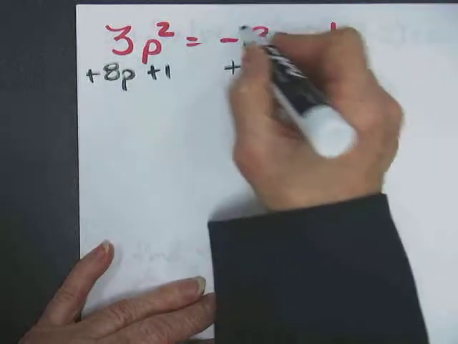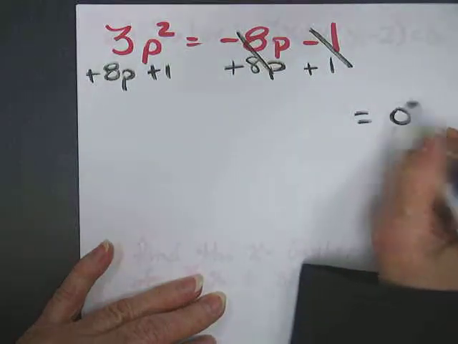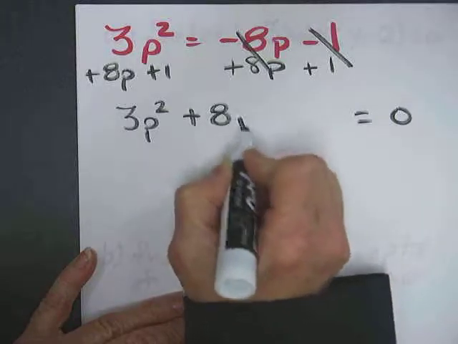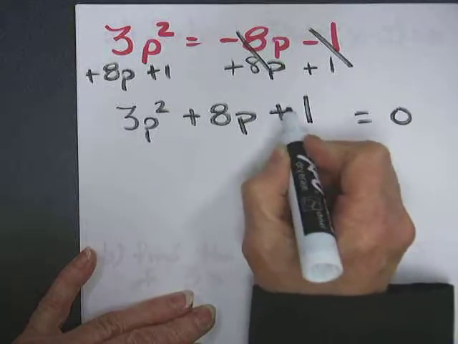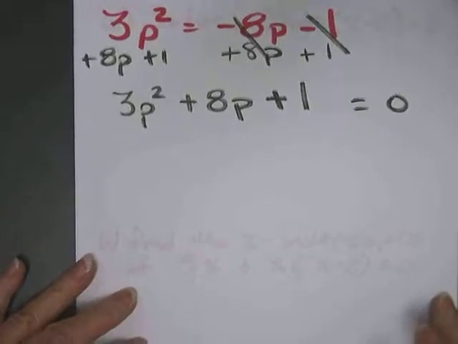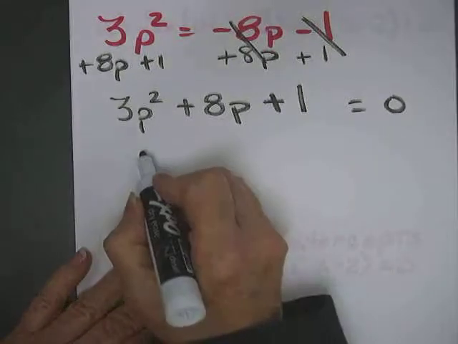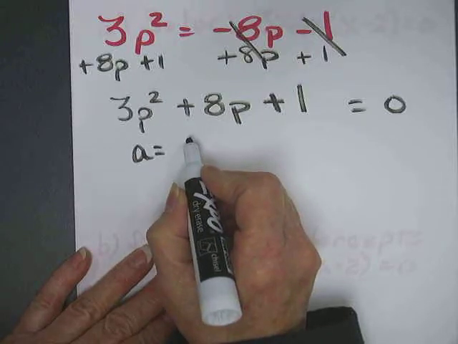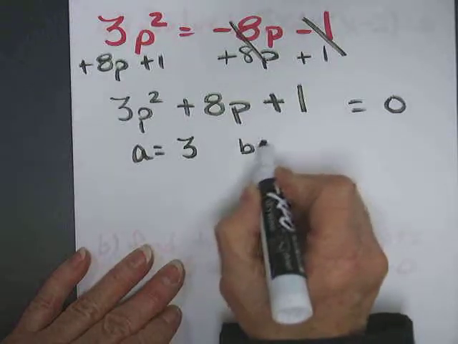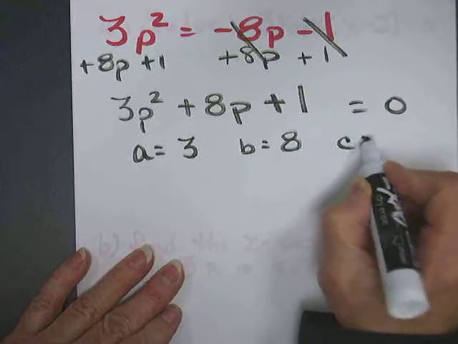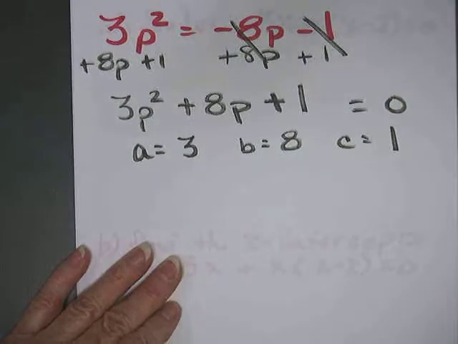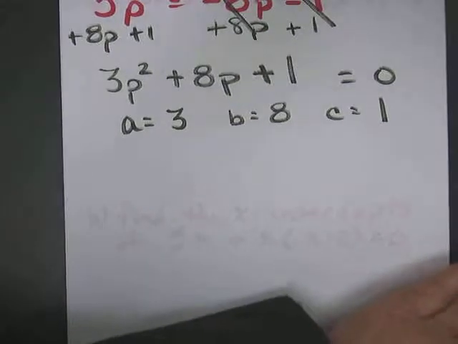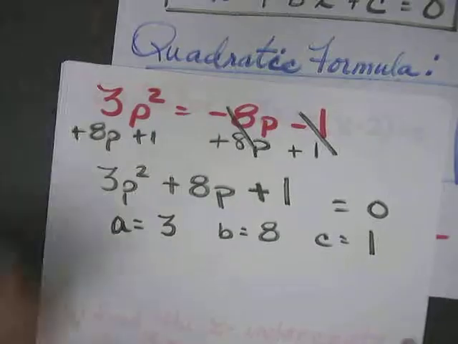I like to keep A positive, but yeah, you could. So we have 3p squared plus 8p plus what? So what is A? 3. B is, and C is what?